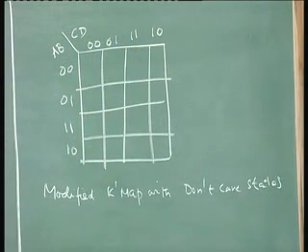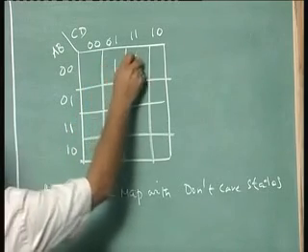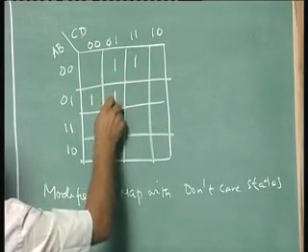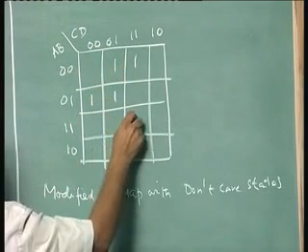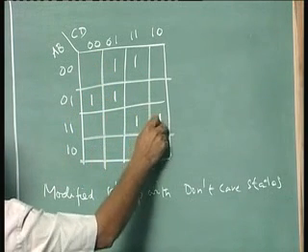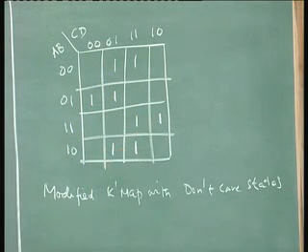What are the terms for which there is 1 to start with? These are ones, these are ones, these are ones, these are ones. Is that right? Now I am going to add 2, 6, 7, 8.